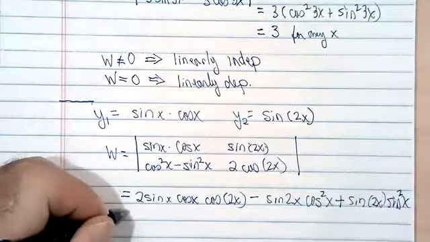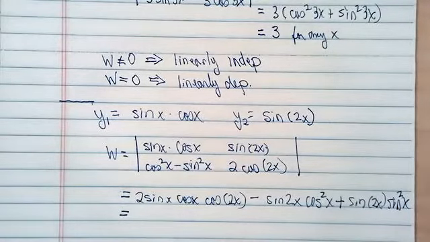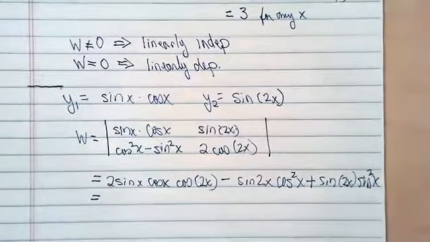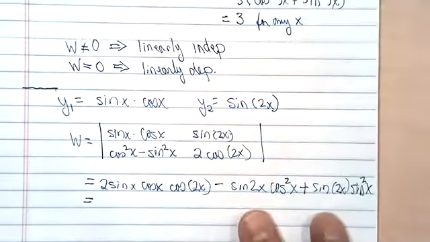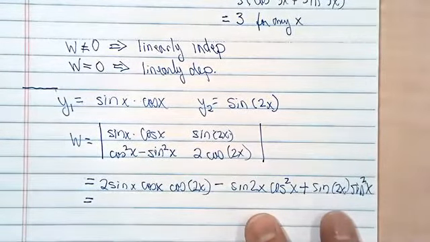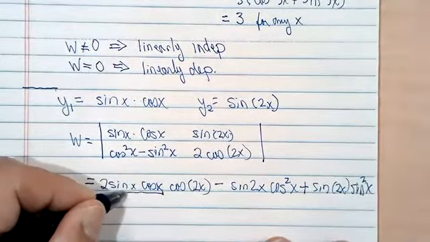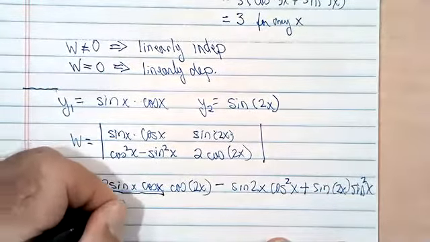Now, this is supposed to be either identically 0 or never 0, but can we prove it? Well, let's see. I could if I give away the secret, but I'd like to avoid that. Let's do this. Right here, 2 sine x cosine x, that happens to be the same as sine of 2x.